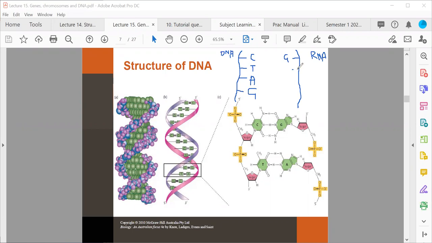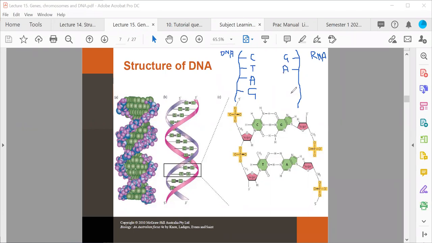What about the next one? So we've got a thymine in the DNA. That would bond to what nucleotide in the RNA? An adenine, correct? Yep.